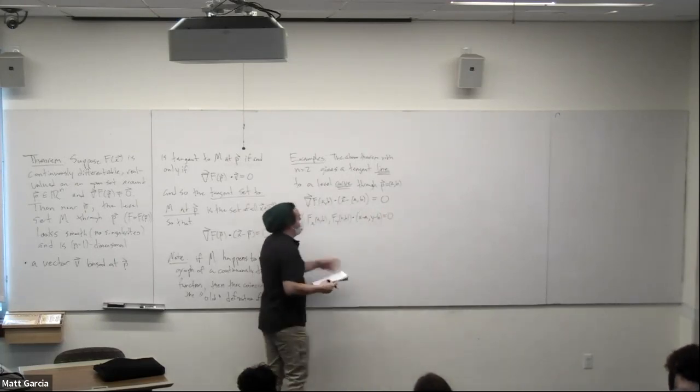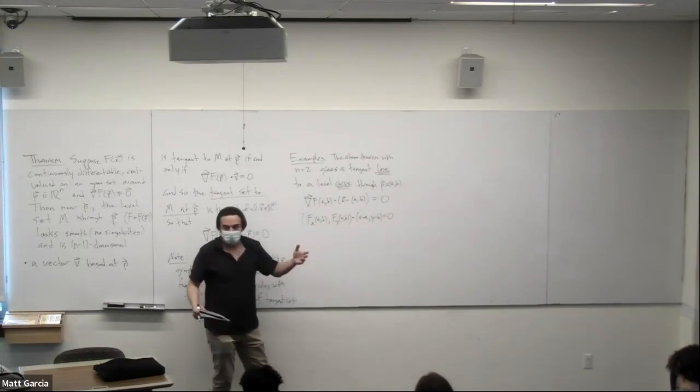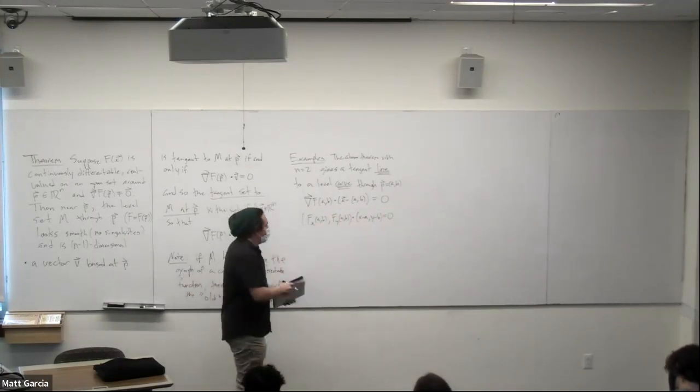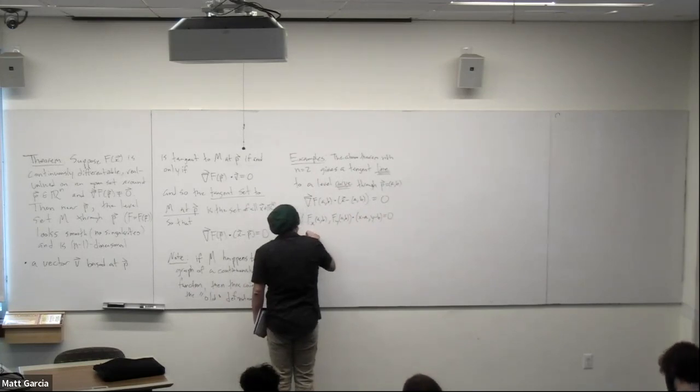Here I've used the notation x hat for the vector x comma y, our vector of variables. Okay, let's actually calculate this dot product.